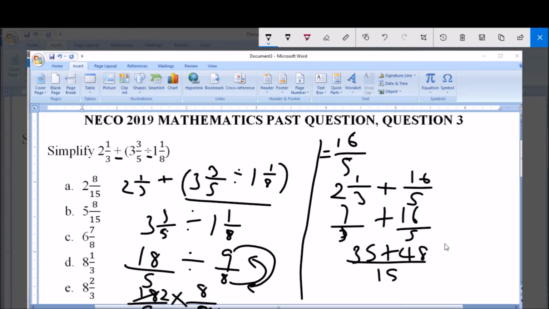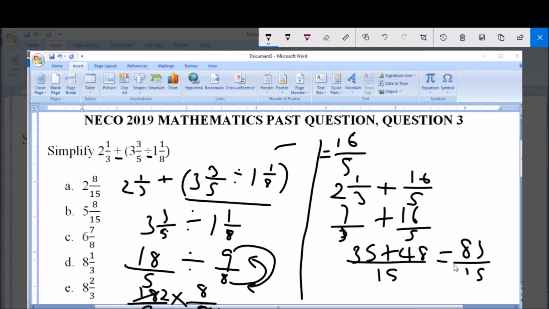So therefore we have 35 plus 48 over 15, and that will give us 83 over 15. Now 83 over 15 is what we've gotten, but we have to convert this improper fraction to a mixed number.